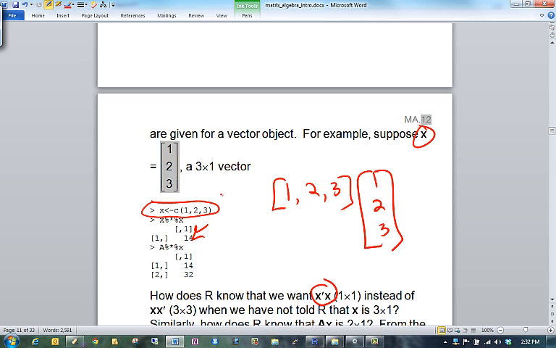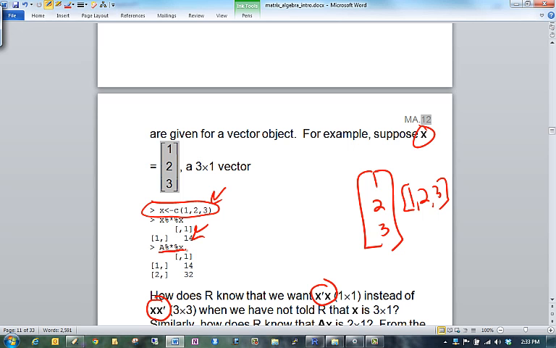But remember, this x here does not necessarily have a row or column dimension in R's context. So equivalently, what R could have done is interpreted what I wanted as x times x transpose. Look at another example.